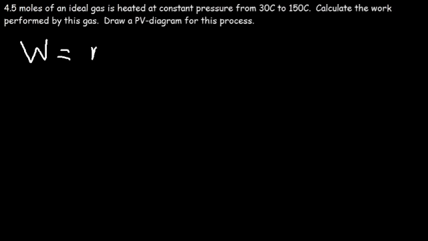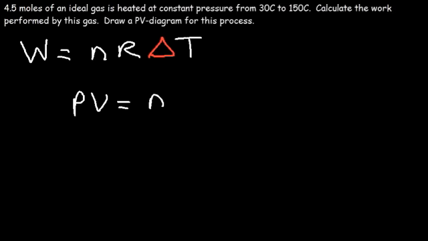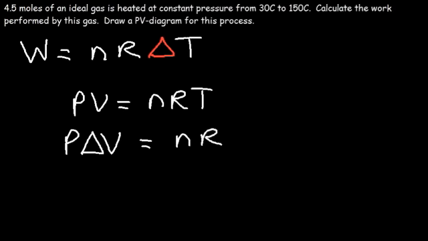Work is equal to n times R times delta T. Now keep in mind, PV is equal to nRT. This is the ideal gas law equation. So therefore, the pressure times the change in volume must be equal to nR times the change in T. So if work is equal to P delta V, then it's also equal to nR delta T.